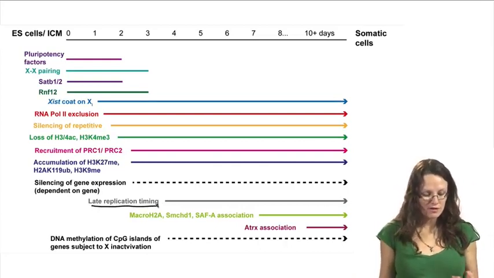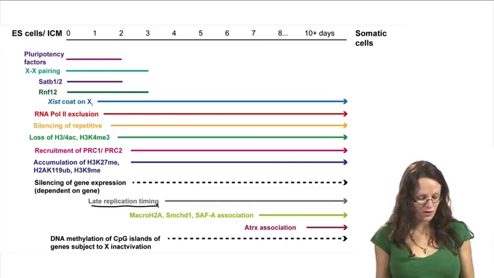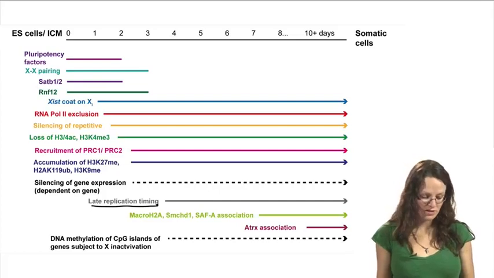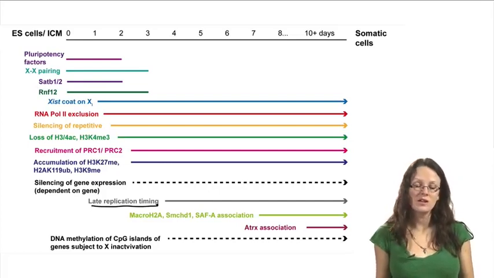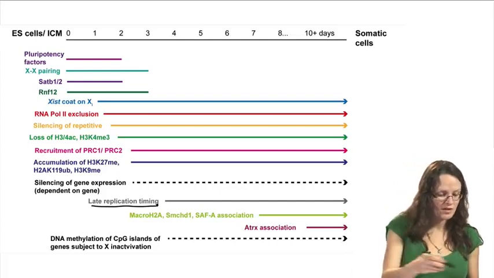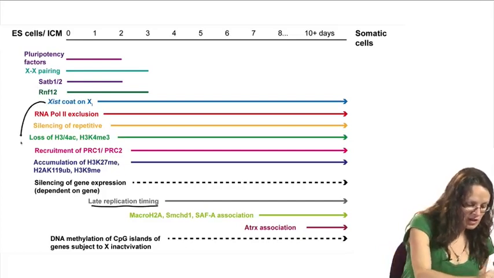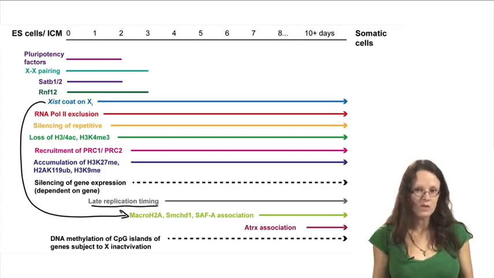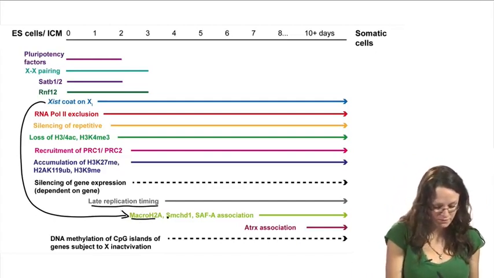So after the late replication timing happens, we know that we also have the association of other chromatin proteins or histone variants on the inactive X chromosome. So in fact, although you wouldn't necessarily expect it, some of these are also Xist dependent. So we know macroH2A, this histone variant associated with the inactive X, its association is dependent on Xist, as is SmcHD1's.